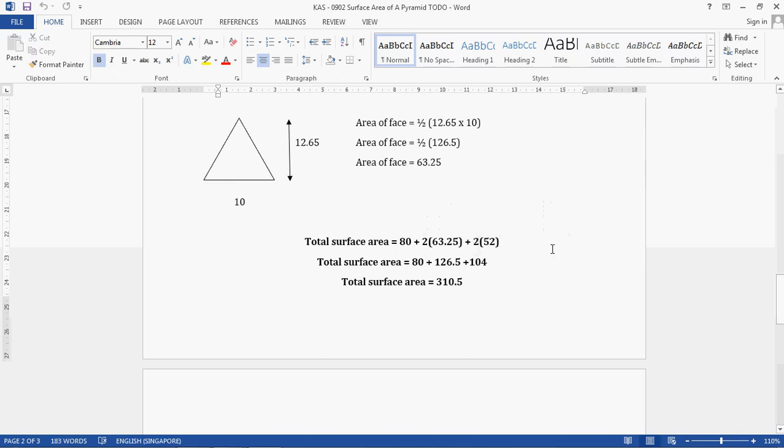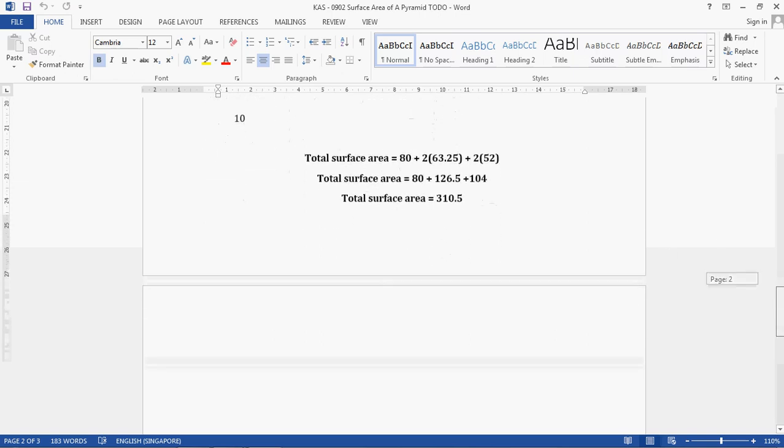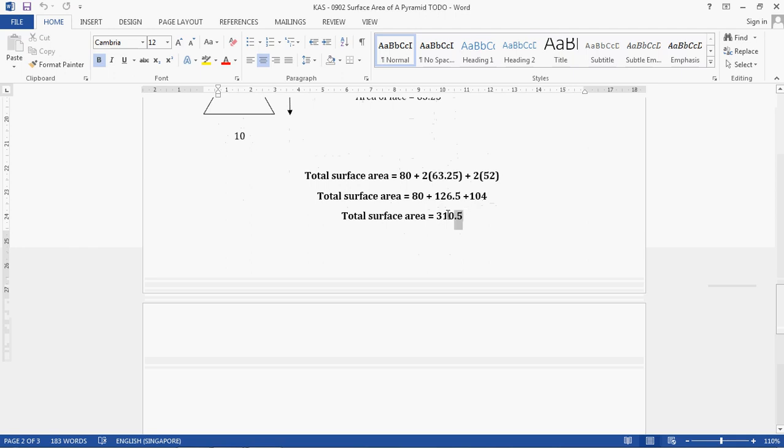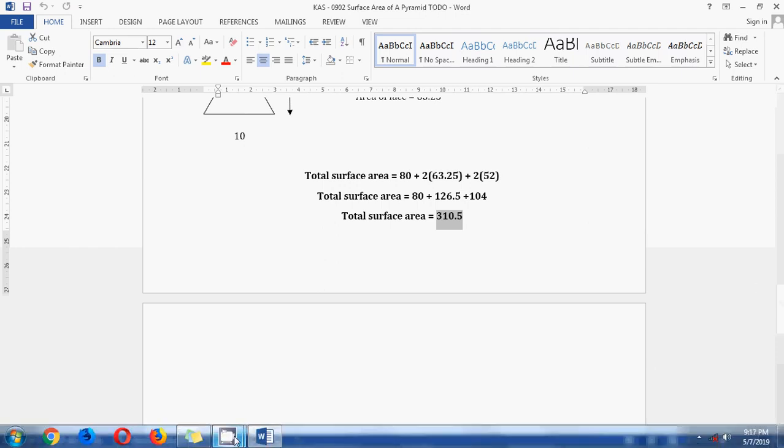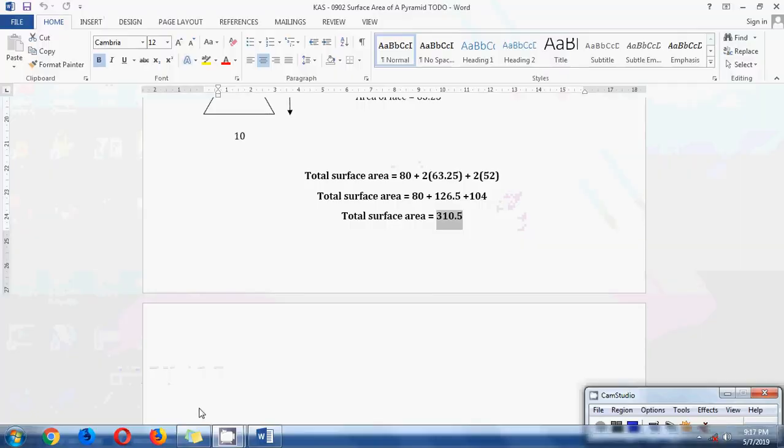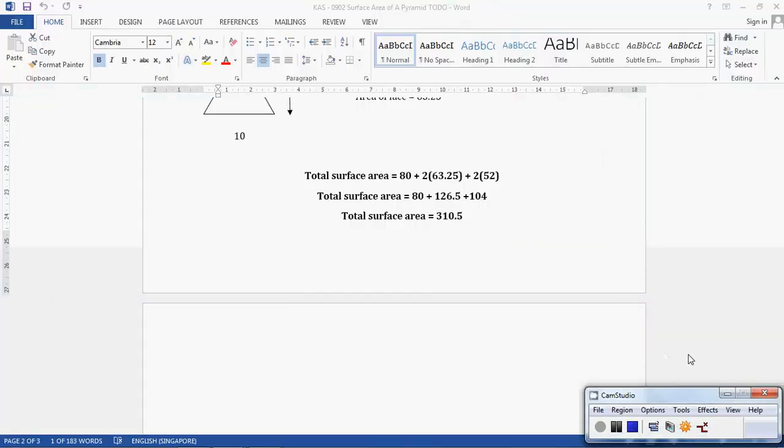Now it's just a matter of multiplication and addition, and I would end up with this total, 310.5 cm squared. So the trick here is to visualize the actual pyramid and solve it step by step.